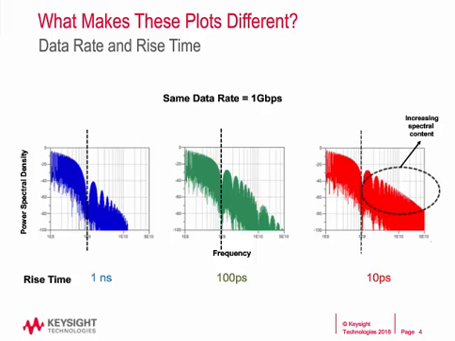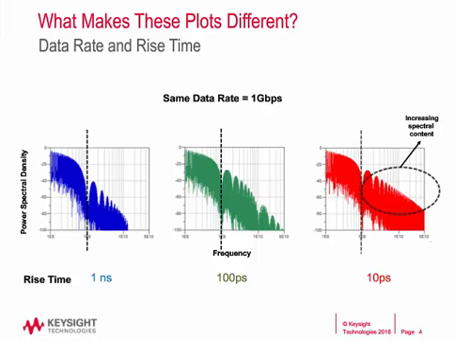So let's try to refresh our memory on data rate, rise time, and the bandwidth of signals to learn how to determine the required bandwidth to accurately characterize high-speed channels. The term bandwidth is slightly different in analog and digital designs.